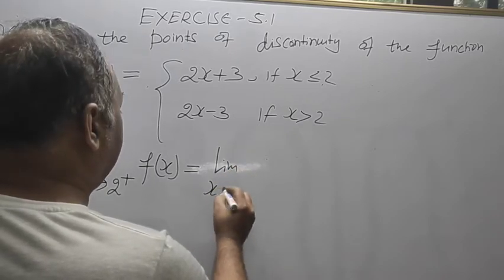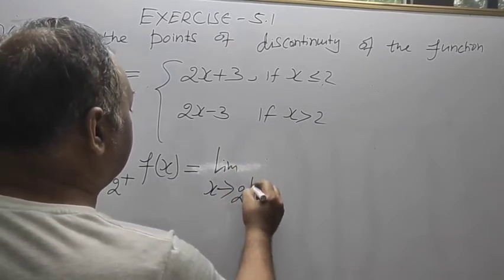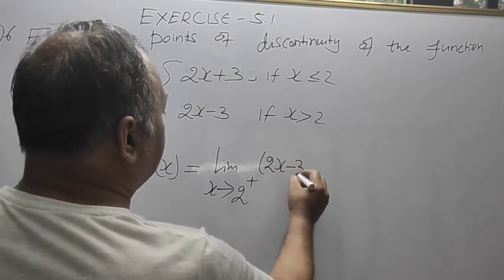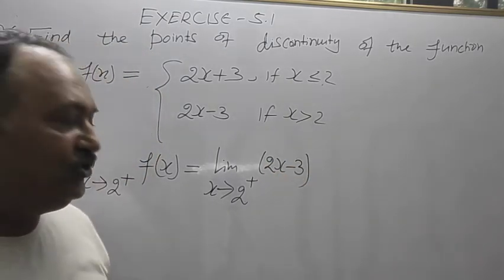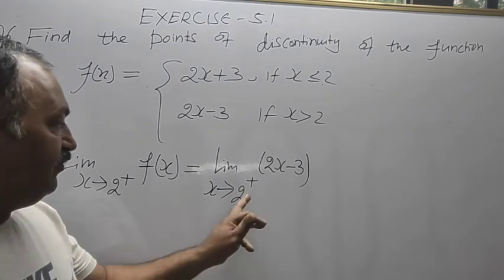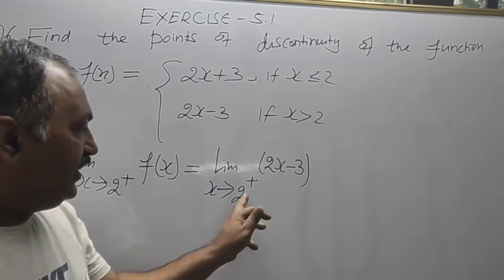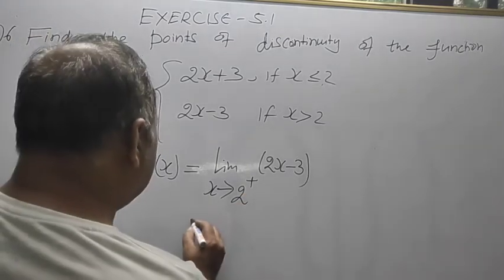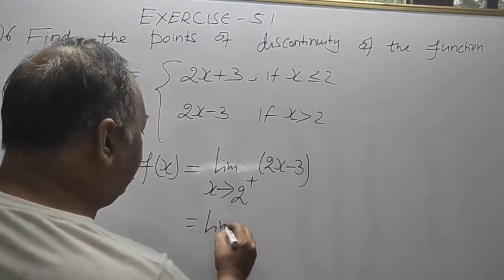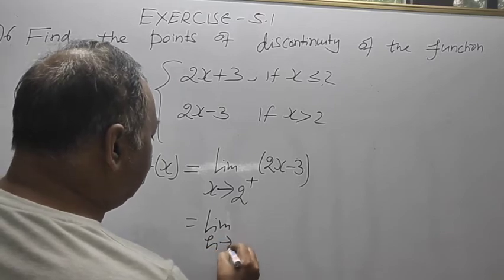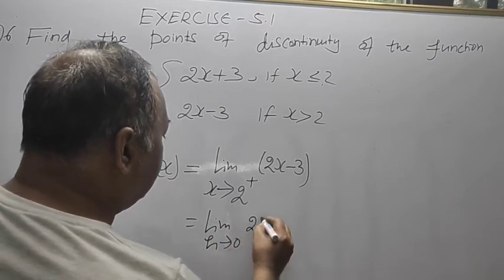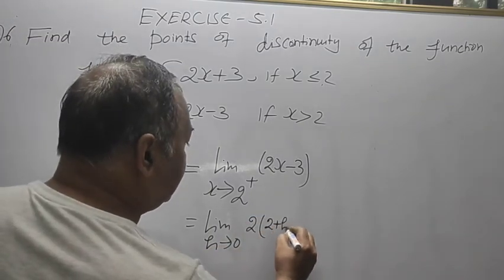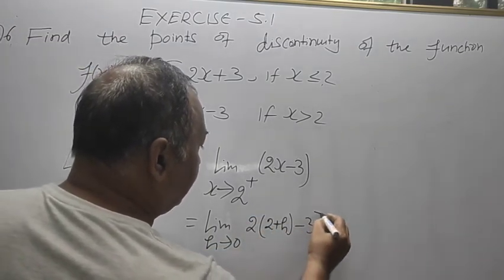Limit x approaches to 2 plus, and value of the function is 2x minus 3. Now change of limit. Put x is equal to a plus h. Role of a is played by 2. That is equal to limit of h approaches to 0, 2 into 2 plus h minus 3.